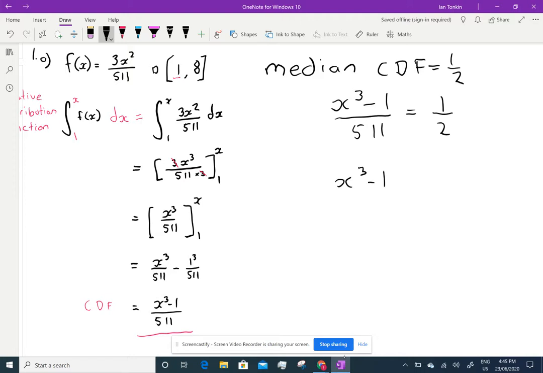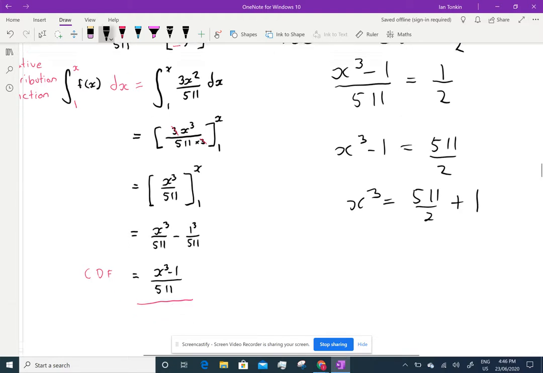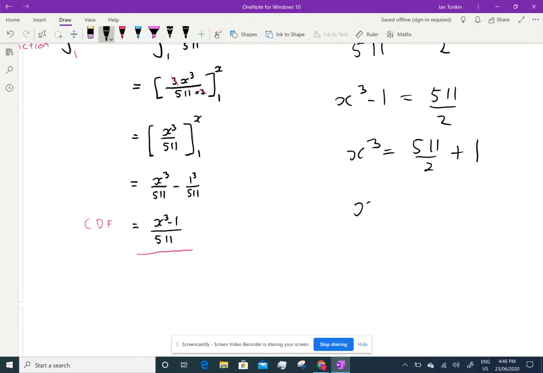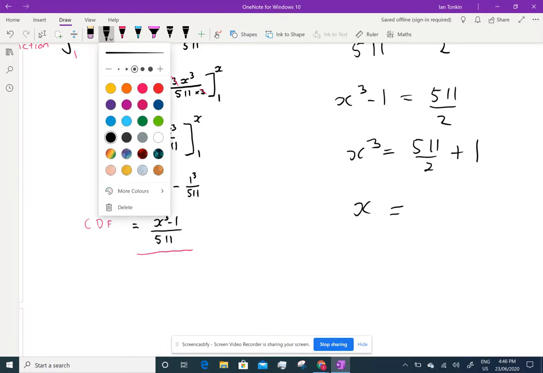X cubed minus 1 equals 511 on 2. X cubed equals 511 on 2 plus 1. Note that I'm not worrying about making it a proper fraction because I'm just going to pump this into my calculator. Because it's continuous data, I'll get a decimal. So I'm not that fussed.